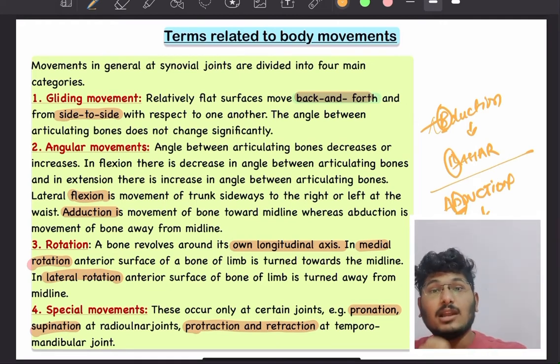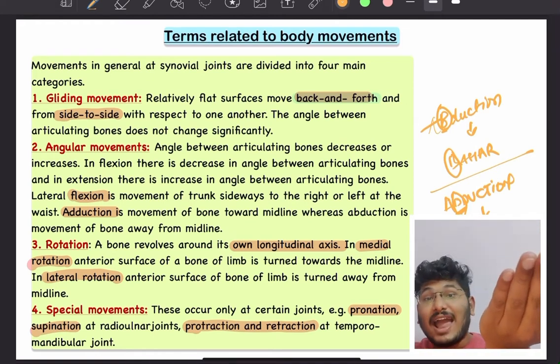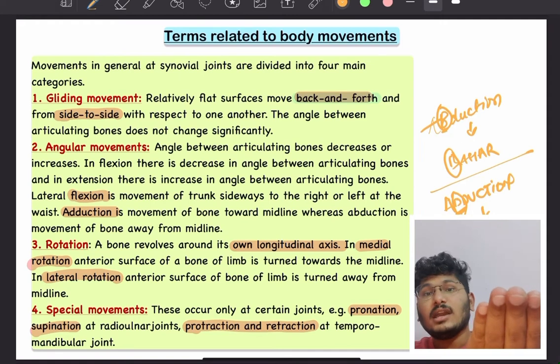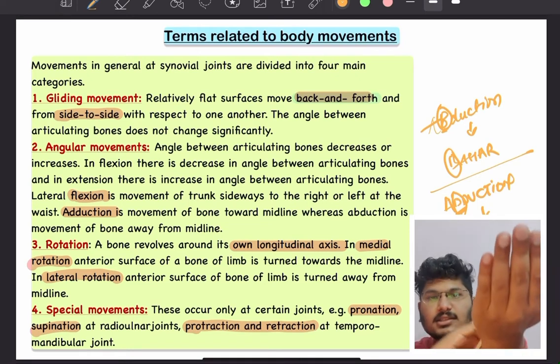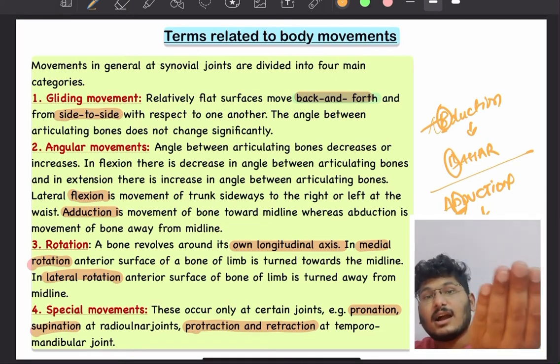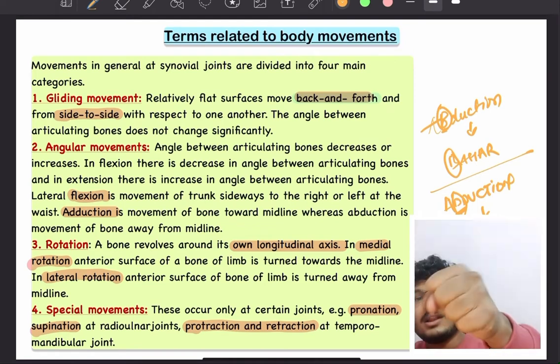Number 1 is medial rotation, which we define in terms of the anterior surface of the bone. If the anterior surface of the bone is coming towards the midline, it is called medial rotation.